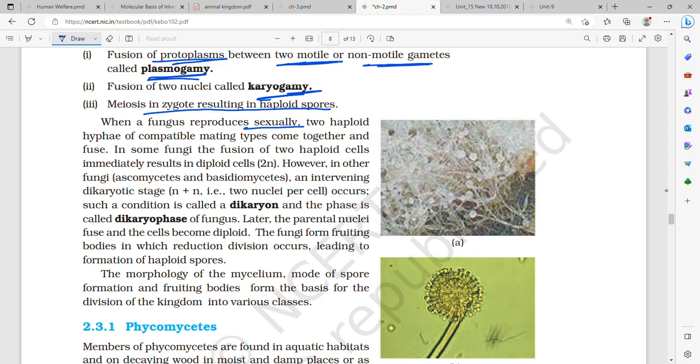When a fungus reproduces sexually, two haploid hyphae of compatible mating types come together and fuse. In some fungi, the fusion of two haploid cells immediately results in the formation of a diploid cell.